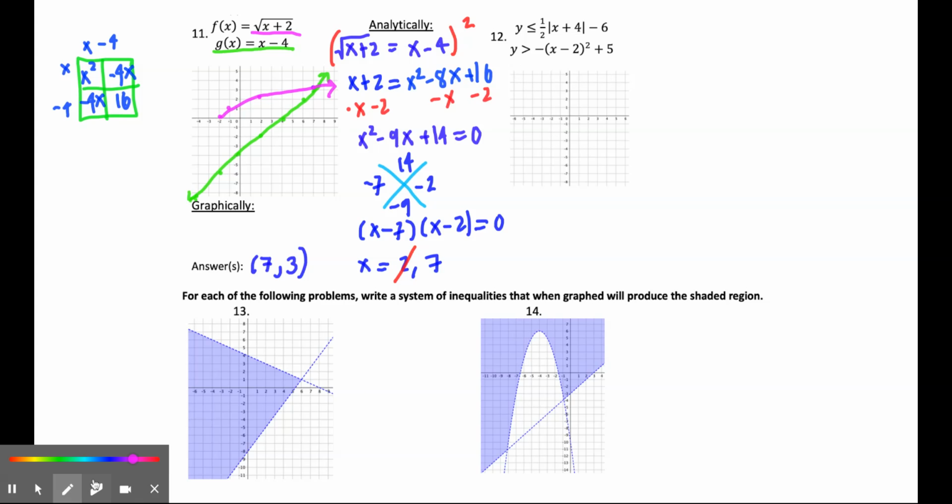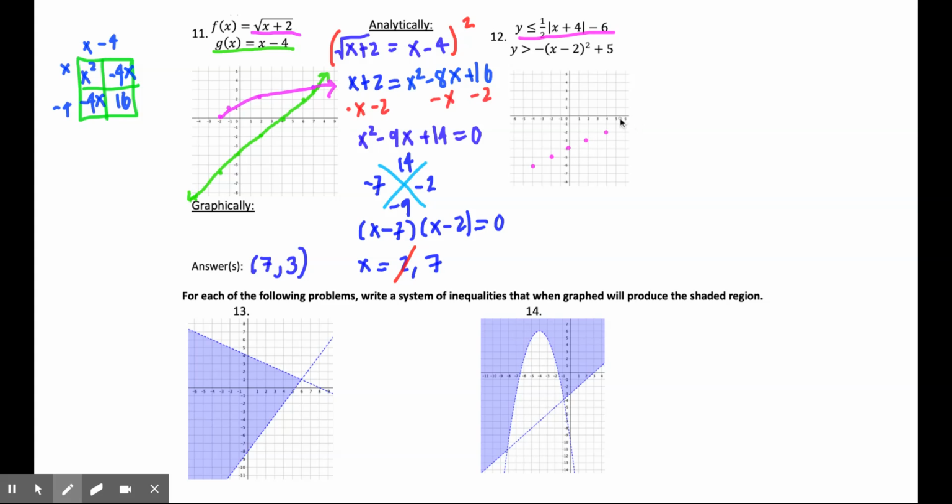Okay, so now this one's an inequality. This one here is an absolute value, so it's the V shape that has a vertex of negative 4, negative 6. So the opposite of this, and the same as this. So right here. And then this 1/2 is the slope of the right side.